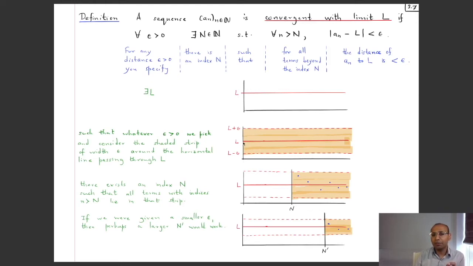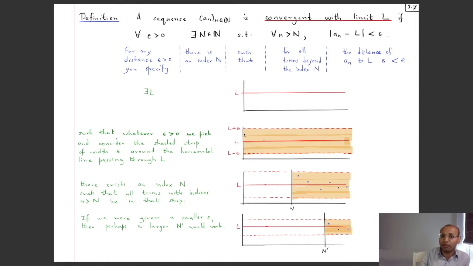Why this shaded strip? Because saying that mod a_n minus L is less than epsilon is the same as saying that a_n is less than L plus epsilon and bigger than L minus epsilon. So all the real numbers whose distance to L is less than epsilon lie in this open interval on this vertical line, because all the real numbers x such that mod of x minus L is less than epsilon are those x's which lie in the open interval L minus epsilon to L plus epsilon.